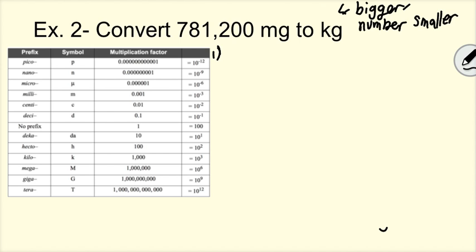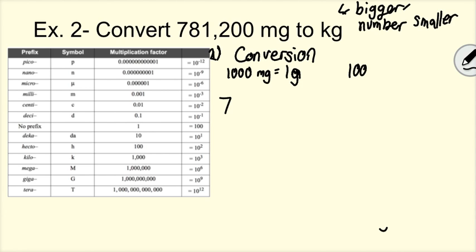So I don't, off the top of my head, know how many milligrams are in a kilogram, but I do have memorized that there are 1,000 milligrams in 1 gram, and that there are 1,000 grams in 1 kilogram.